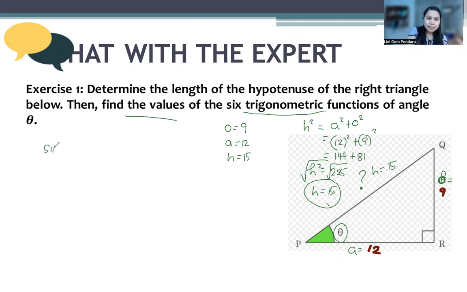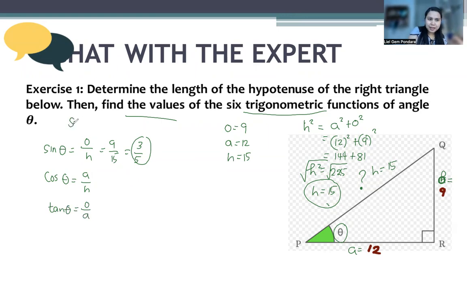We have sine, so remember, 9 over 15, or you can reduce that to 3 over 5. Next, cosine, ka, so ka, toa, tangent is toa. Remember that.